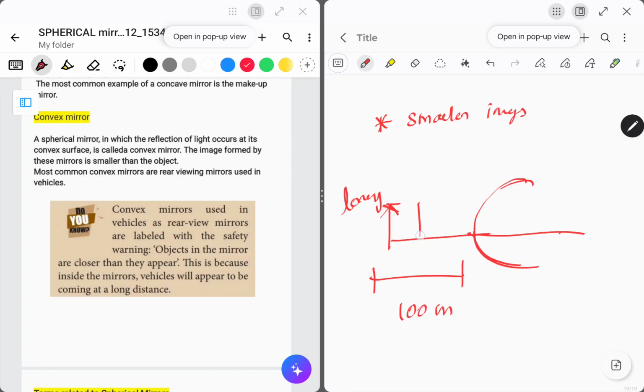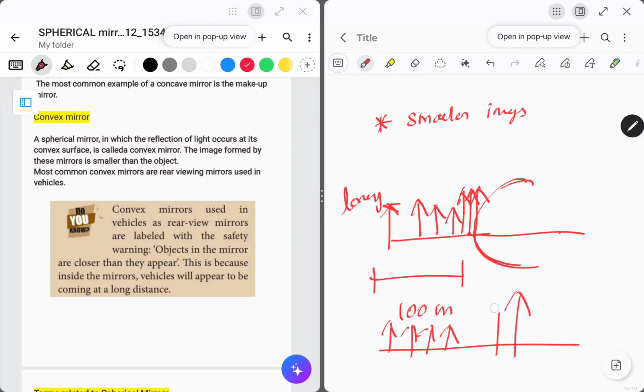As the object gets closer and closer, we can see bigger images. Understood? As the lorry is coming behind us, it will look very big. When it is 100 meters away, even though the lorry is very big, it looks very small. So as we move the object near the convex mirror, it shows a very enlarged image.